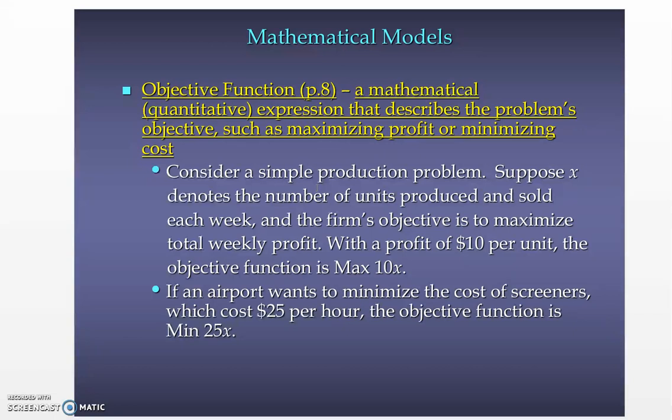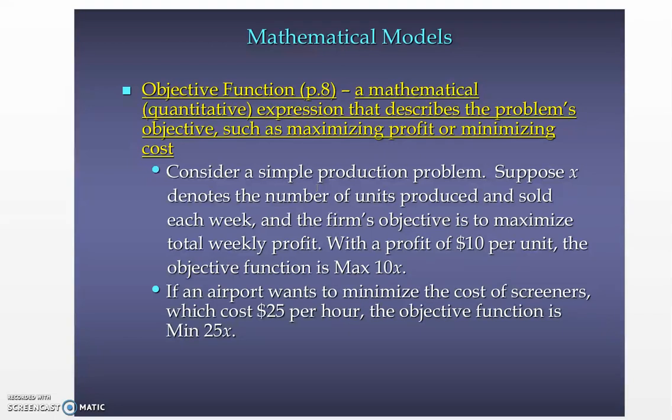So if there's a profit of $10 per unit, and X is the number of units produced, the objective function in this case is to maximize 10X, right?